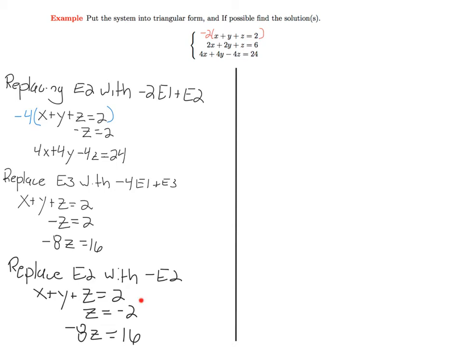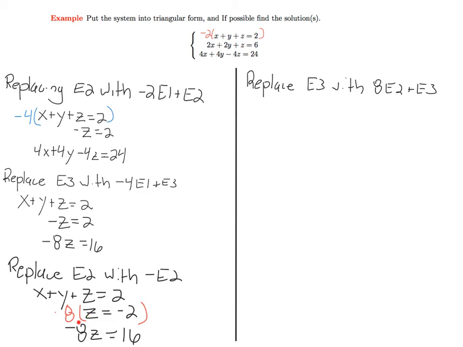I could take equation 2, combine it with equation 3 to eliminate the z in this last equation. So the last thing to put it into triangular form is we're going to replace E3 with 8 times E2 plus E3. And going back to the previous step, that means I'm taking this second equation, multiplying it by 8, and adding to the third equation.